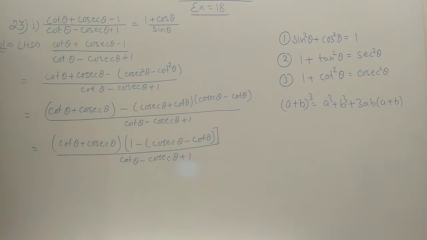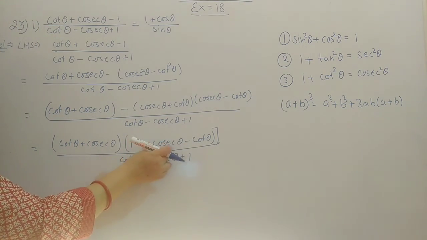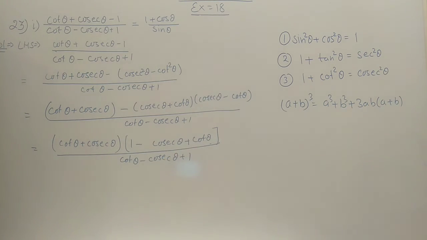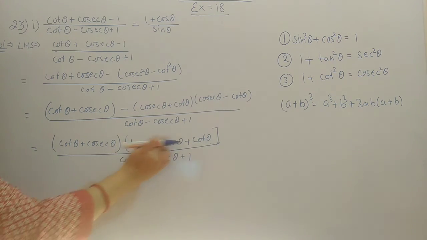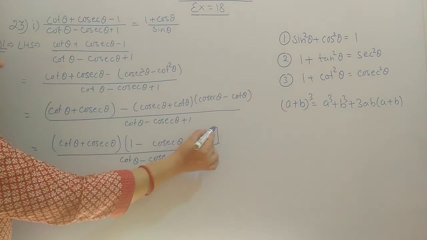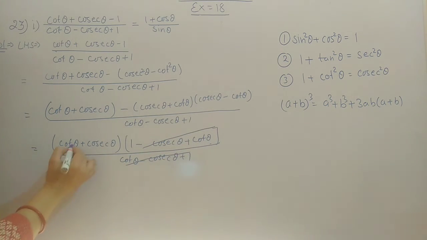Now if you remove this bracket, then this will become minus, and this minus minus will become plus, and you can see here this thing and this will be same, only the place of 1 and cot theta is different, other remaining things are same. So we can cancel out this whole thing. We have now cot theta plus cosec theta.